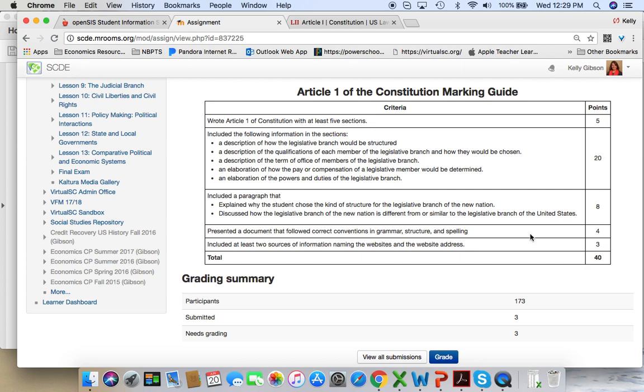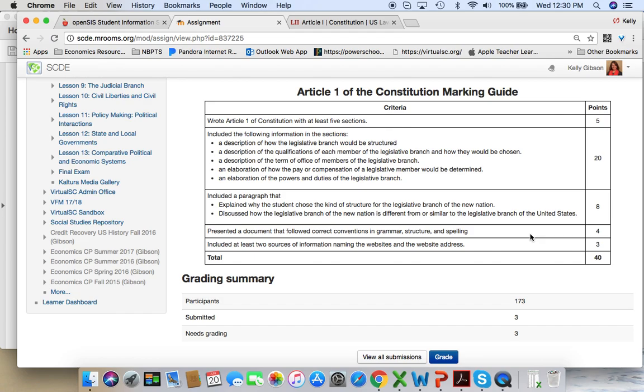Your document follows correct conventions in grammar, structure, and spelling. So is it set up in the distinct sections? Are your words spelled correctly? Are they capitalized? Did you use proper grammar? Do you have periods at the end of sentences? These are things we are looking for. And then you included at least 2 sources of information naming the websites and the website addresses.